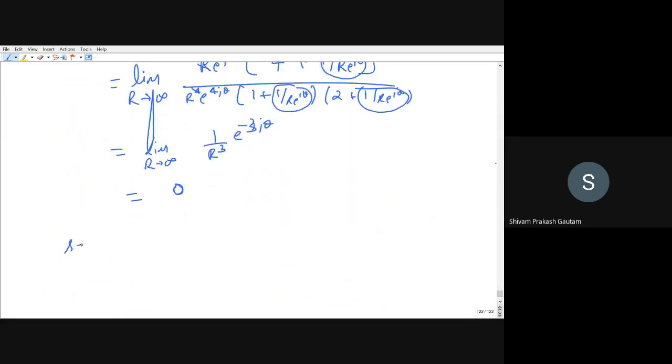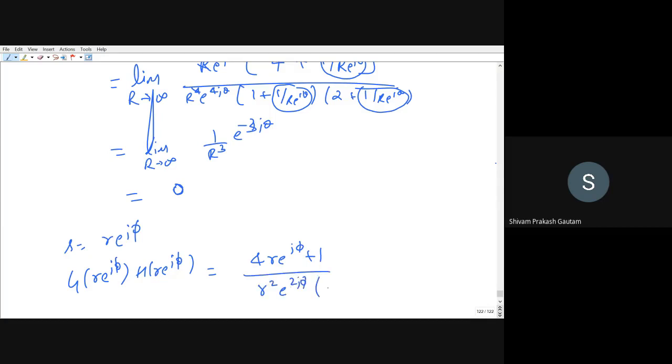So put s equal to r e to the power j phi. We will have G(r e to the power j phi)H(r e to the power j phi) equal to 4 r e to the power j phi plus 1 upon r square e to the power 2 j phi times (r e to the power j phi plus 1)(2 r e to the power j phi plus 1), and substitute the limit small r tends to 0.